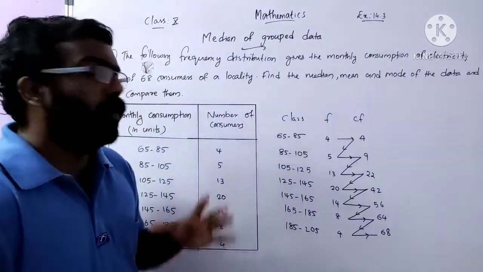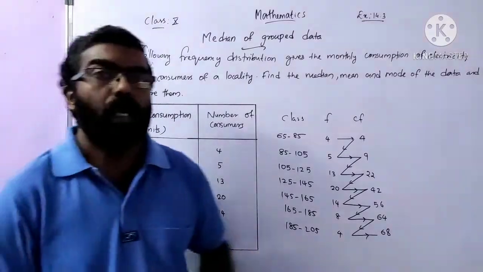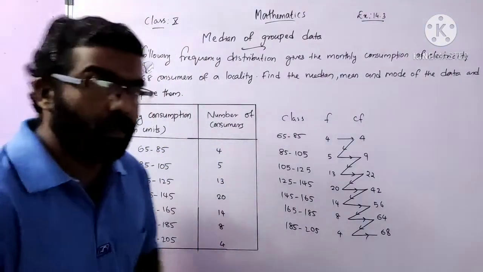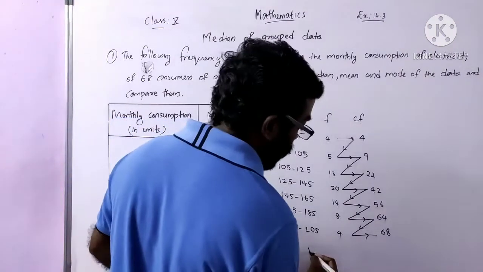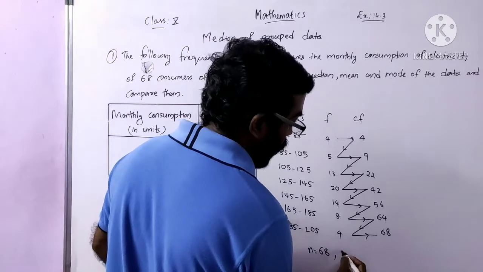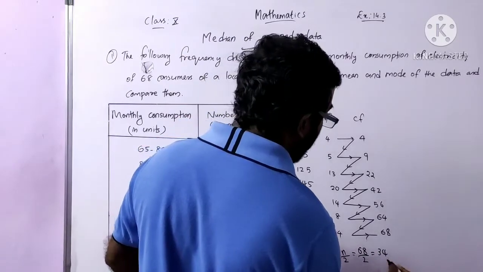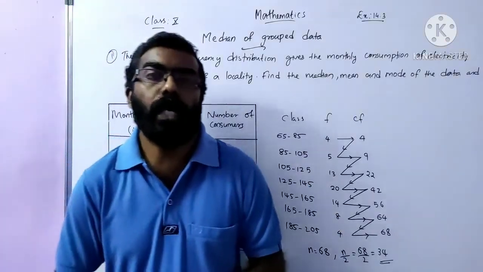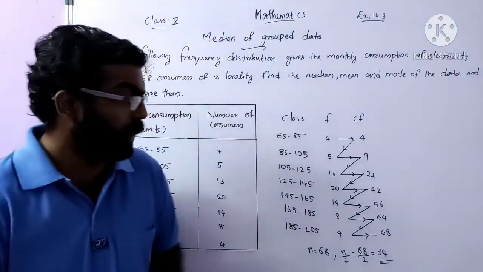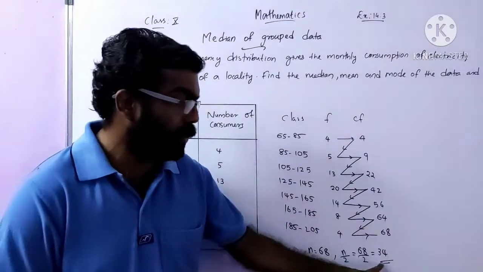Now we can locate the median class. Here the total number of observations is 68, that is n is equal to 68. So n by 2 is equal to 68 divided by 2, 34. Now we have to locate a class whose cumulative frequency is greater than and nearest to 34.